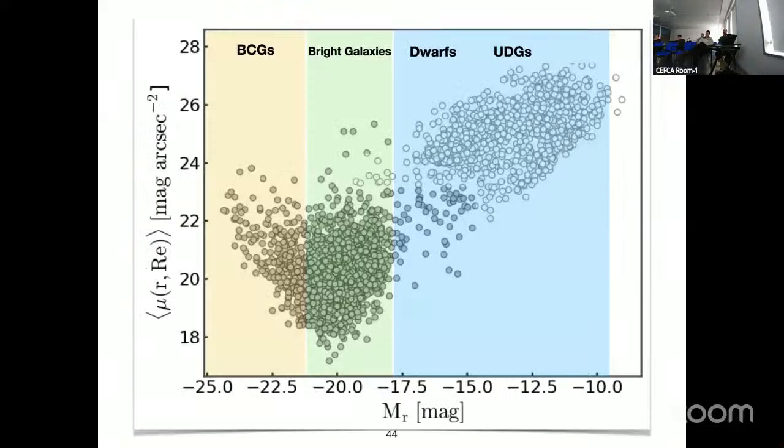This is the situation that we have today about the spectroscopy in the nearby universe. Here I showed you the plot. This is the surface brightness of the galaxies as a function of the absolute magnitude. These are the BCGs, bright galaxies, dwarfs, and the ultra dwarfs.